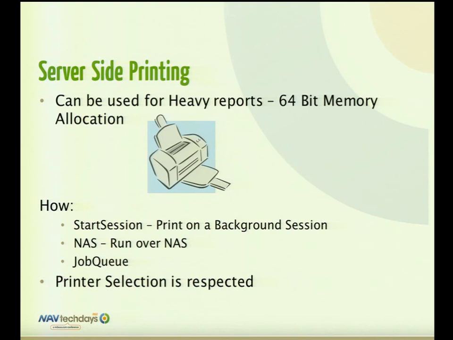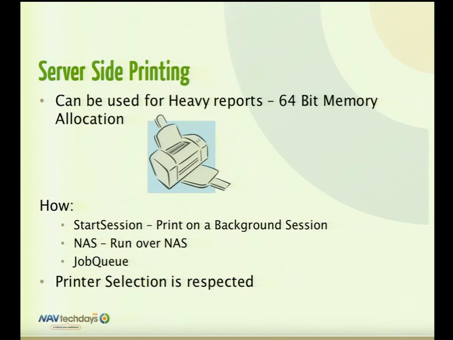So how do we print reports on the server side? One of the ways is, I don't know how many of you are aware of this new keyword called start session in 2013. This is the way by which you can spin up background sessions using CAL code. So if you are spinning up background sessions using CAL code, using the start session and executing a report over that session, this report is going to print on the server.